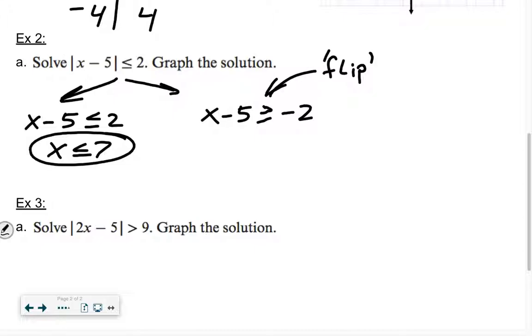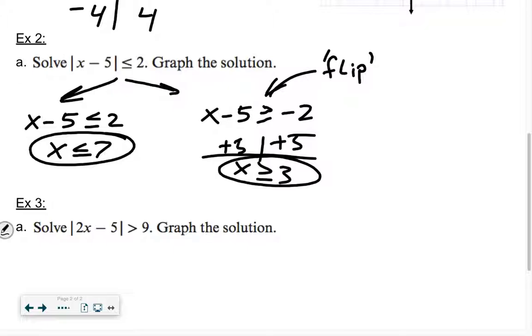If it's an equal sign, it doesn't really matter what we do. You know, equals is equals. So I get x is greater than or equal to 3. Let's see if we can identify the scenario here. And, or.